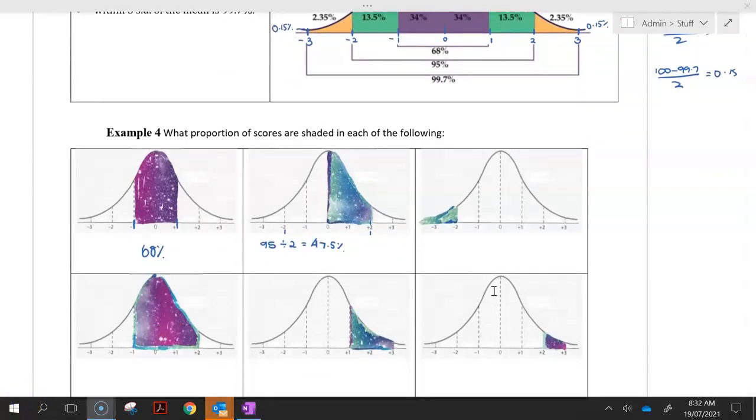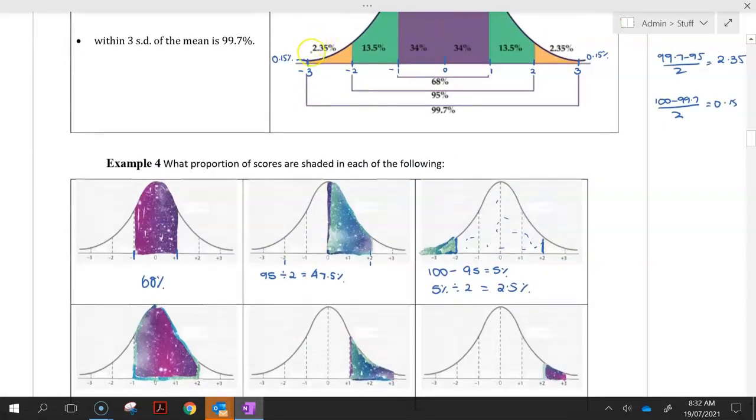Okay, what about below -2? Well, I know between 2 and -2, that's 95%. So if I do 100 minus that, I know 5% lie outside -2 to 2. And then I just need to divide that by 2 because I want the bottom tail, 2.5%. Or, as I said, you could have just added up 2.35 and 0.15. It just means you'd have to do that before you start any question.